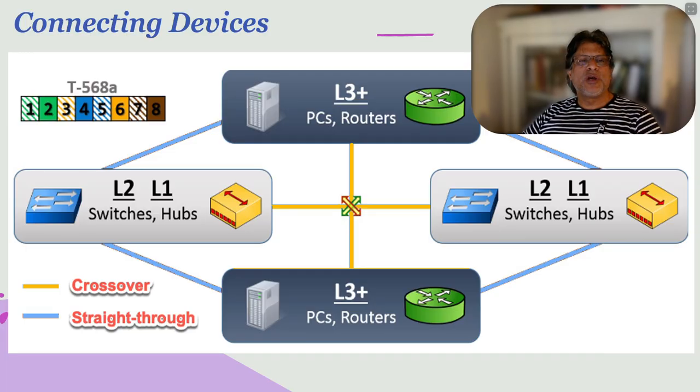Similarly, if you need to connect a PC to a router or a router to a router or a PC to a PC, for communication to take place, you once again need a crossover cable. Okay, because PCs and routers fall under the same category, while switches and hubs are different, right? So this shows you where you need to use a straight through cable versus a crossover cable.